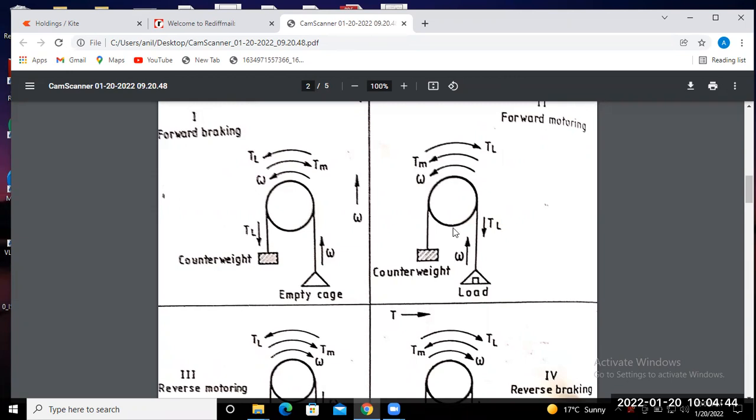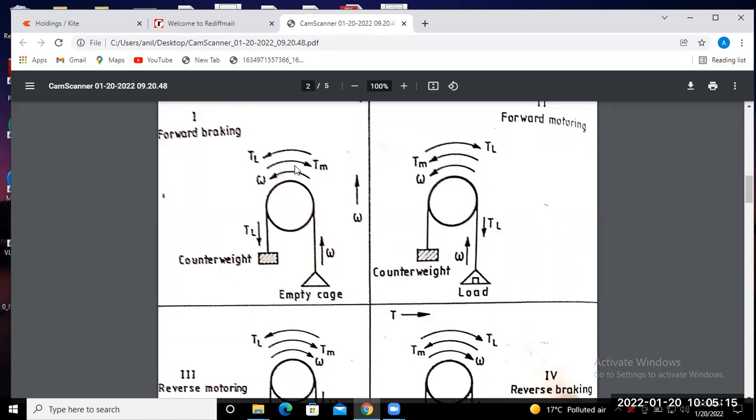Okay, and in the second quadrant, that means the electromagnetic torque is acting in the negative direction. As shown here, the electromagnetic torque acts in this direction. Again, the motion is in the upward direction, so the angular speed, that means the motion of this pulley, is in the anti-clockwise direction.